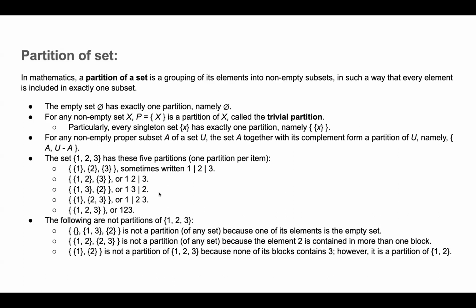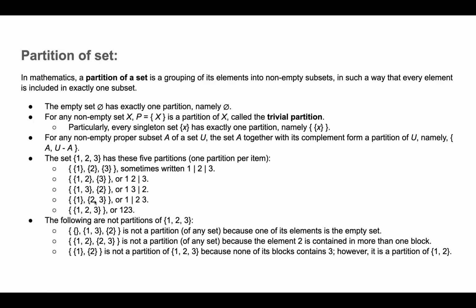And 2 is the last one remaining, so here {2} only is given. Then this one is {1}, {2, 3}. Same case is there: 1 partition is there and 2, 3 comes under a single set only, {2, 3}.